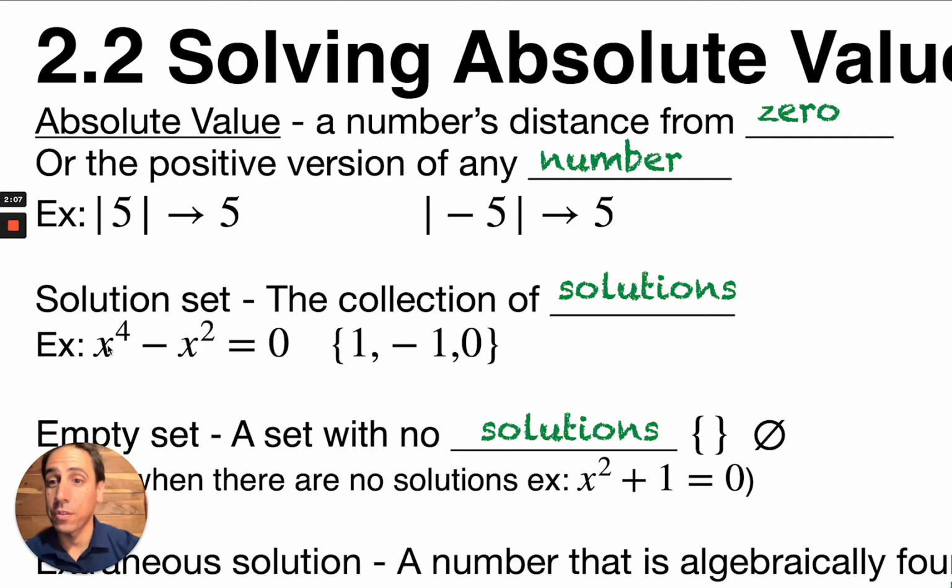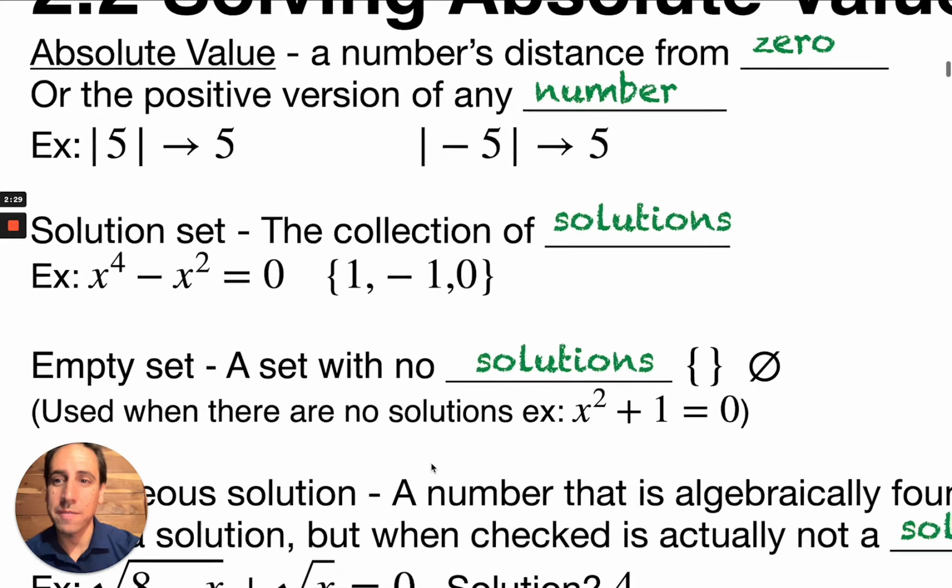So, for example, if you're looking to find all the solutions of this equation, x to the 4th minus x squared equals 0, this ain't Algebra 1 anymore. There are multiple numbers that solve this. So you can list them all here. And you can see there's actually 3 of them, 1, negative 1, and 0. They're all solutions, so we put them in a solution set.